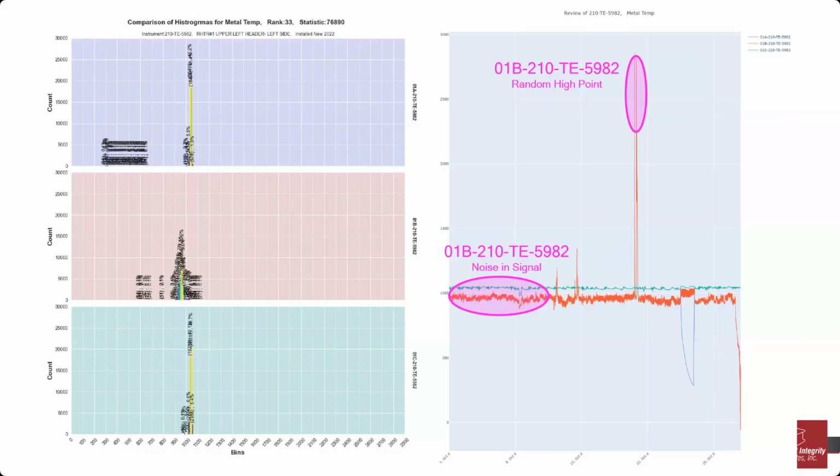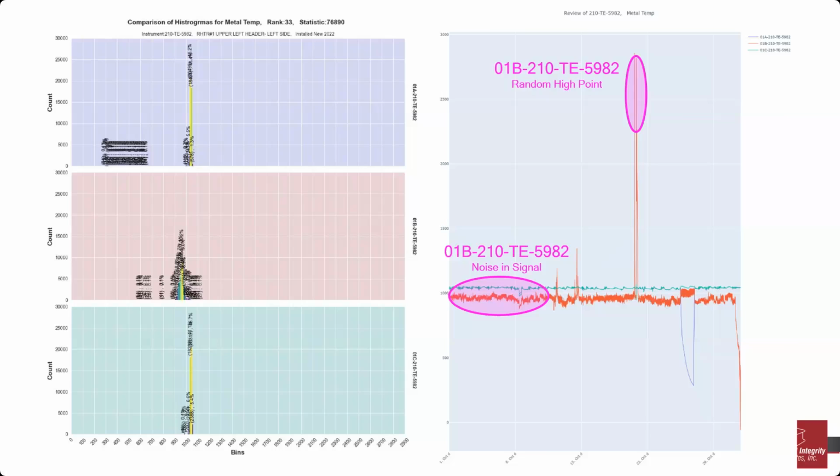Anytime you can find issues before an outage instead of during an outage, when you have to scramble and get parts rushed in and try to find things last minute, that's a huge benefit. You can have those parts on hand when you see that something's starting to degrade and you suspect it could be an attemperator nozzle or a valve. You can go ahead and plan for that early.